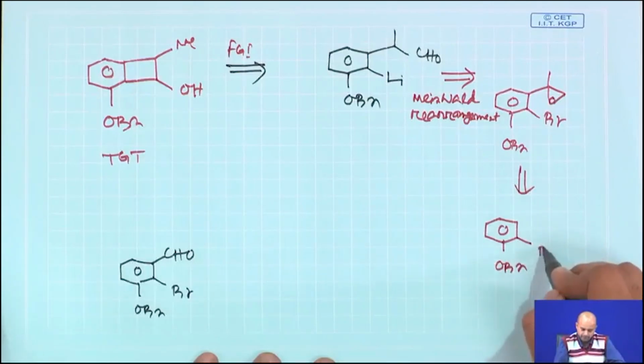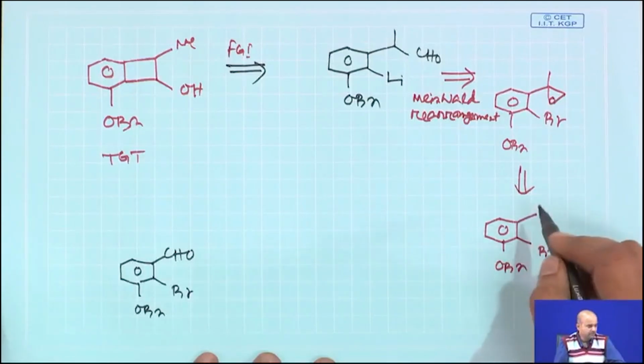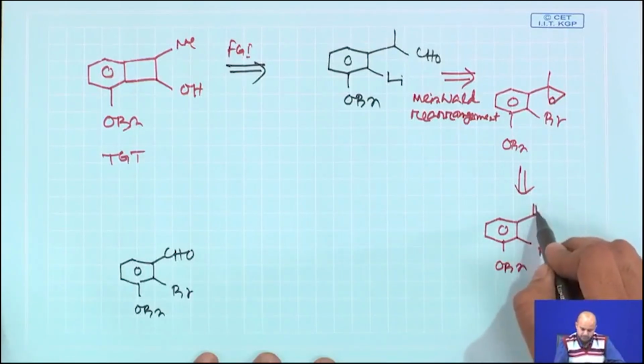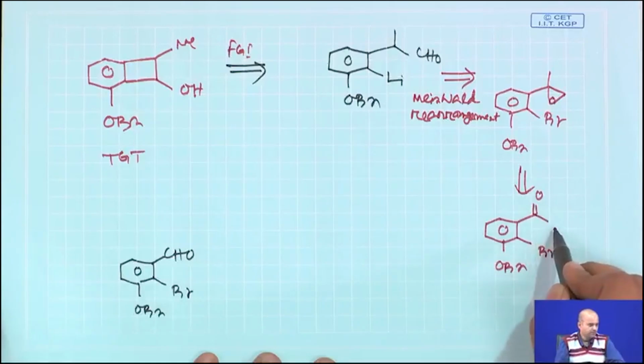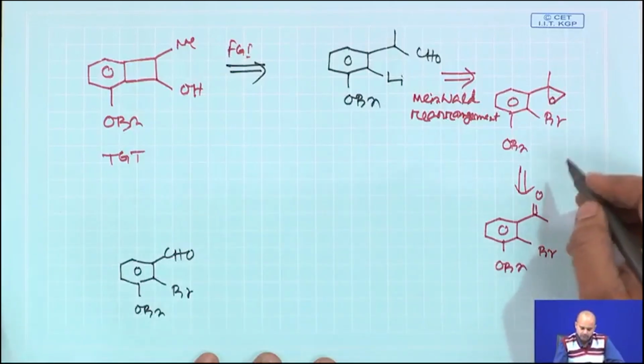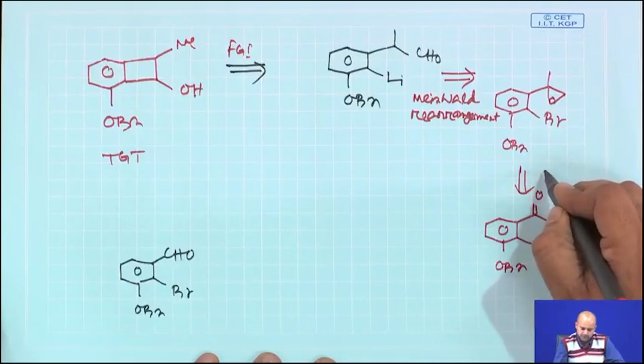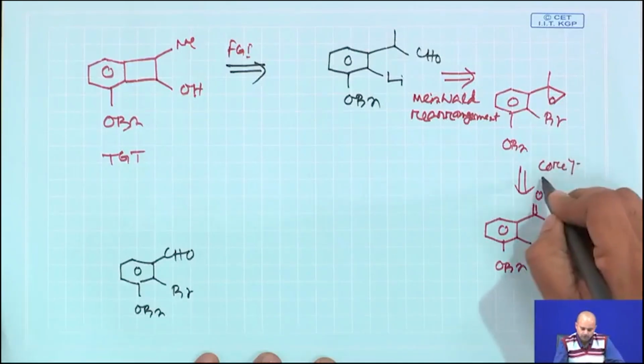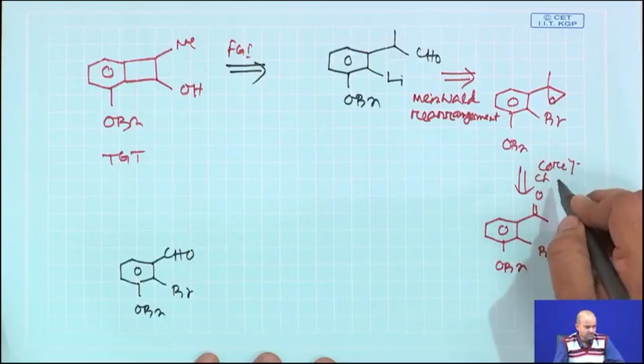Now, you say that if you have this compound COCH3, you can easily do it. Now, the particular reaction we already explained long ago is called the Corey-Chaykovsky reaction.